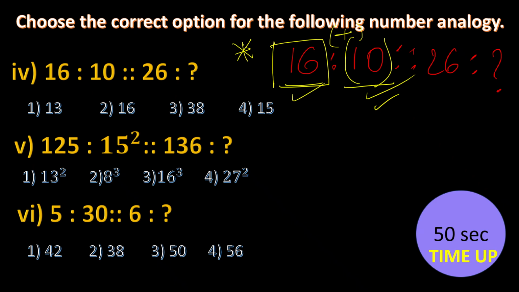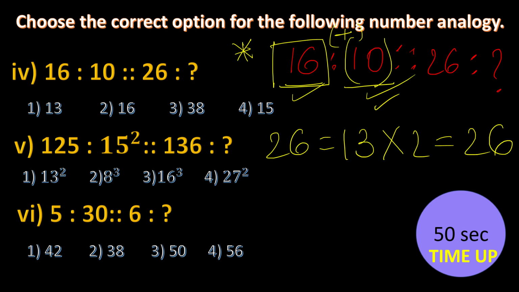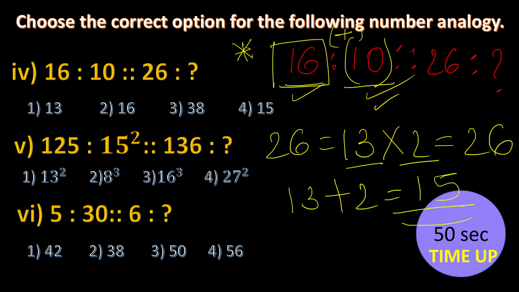So, which number will give the product as 26? 13 into 2 if you do, 13 twos is 26. So, same numbers when you add now, 13 plus 2, it will give you what? 15. So, 15 is your answer.